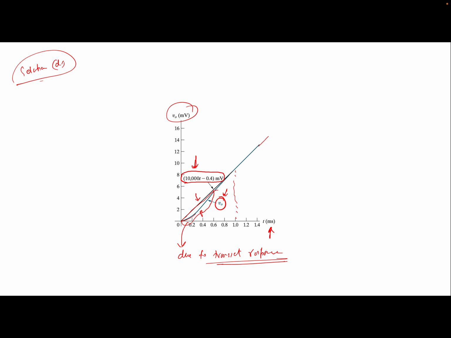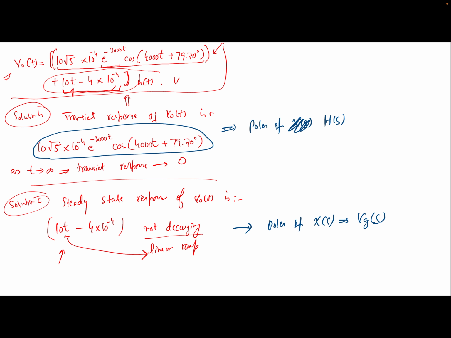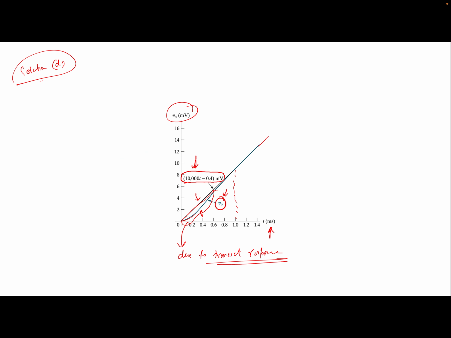It was a transient response, so e raised to the minus 3000t goes all the way down and makes the whole transient response almost zero. So you are only left with the steady state response, and that is why the black line and the blue line become similar. Your steady state response, and this V naught, which is the total response, steady state plus transient, become similar because your transient response becomes zero.